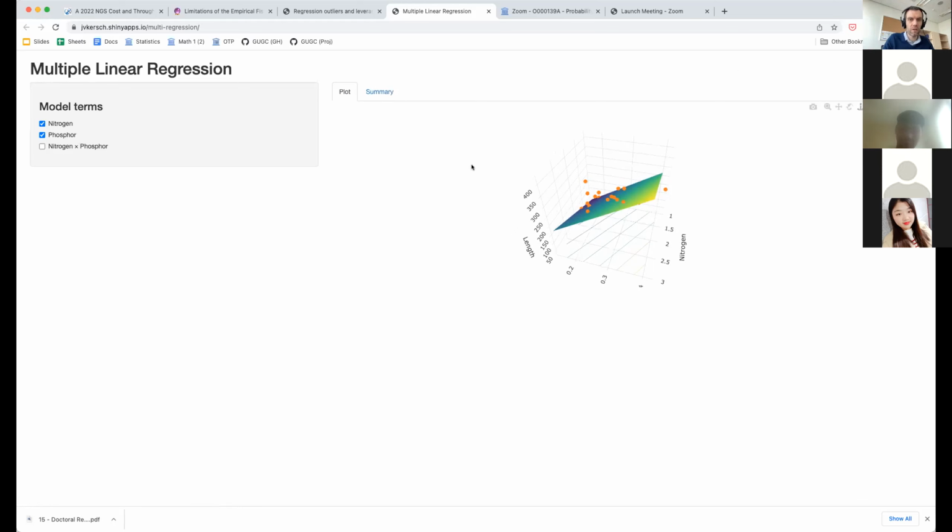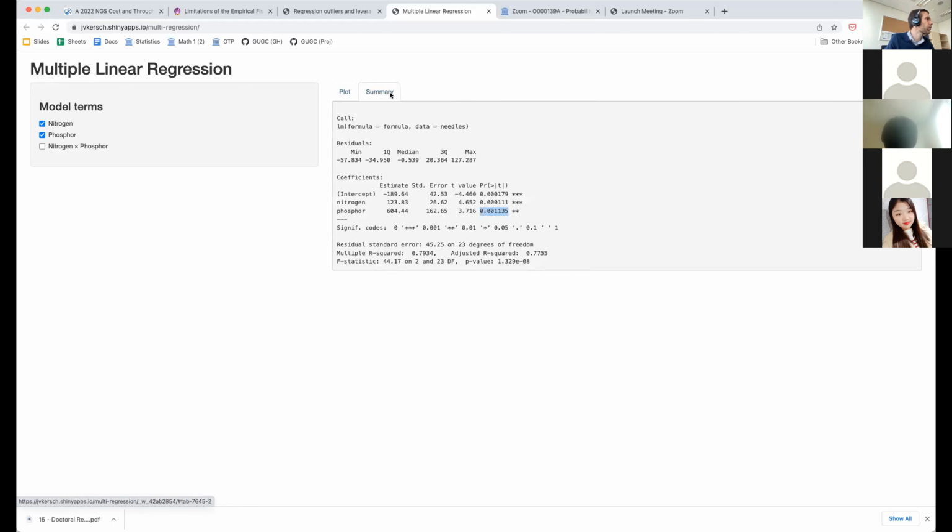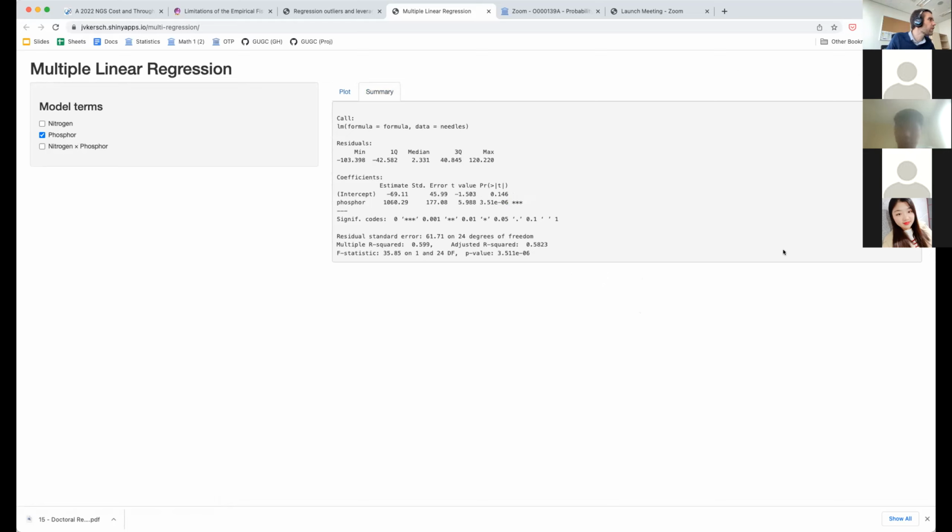There's a question in the chat box that I would like to have a quick look at. The question is, if we only have phosphor as a predictor, why does the intercept not become significant? That's an interesting question that I haven't looked at myself.